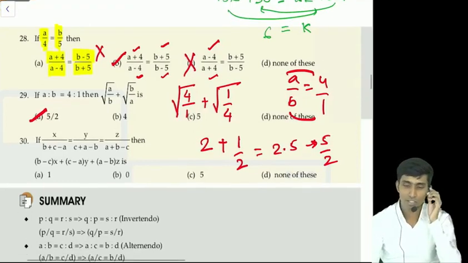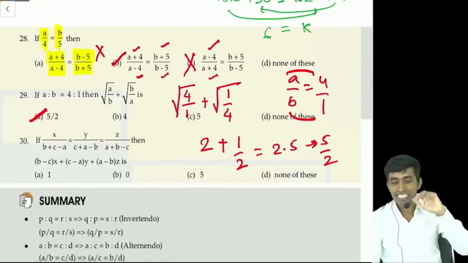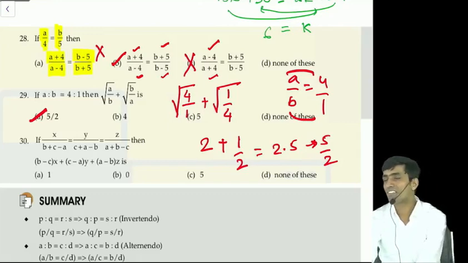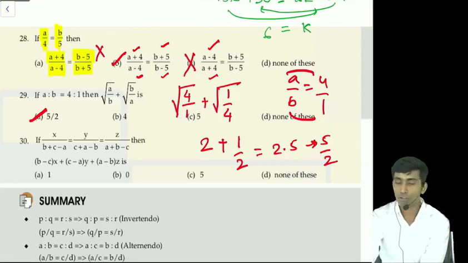Okay, listen. X upon B plus C minus A, right? Y is equal to C plus A minus B, Z is equal to A plus B minus C. Whenever this is cyclical, hello, 1 minute, we know that X is equal to B plus C minus A, right?